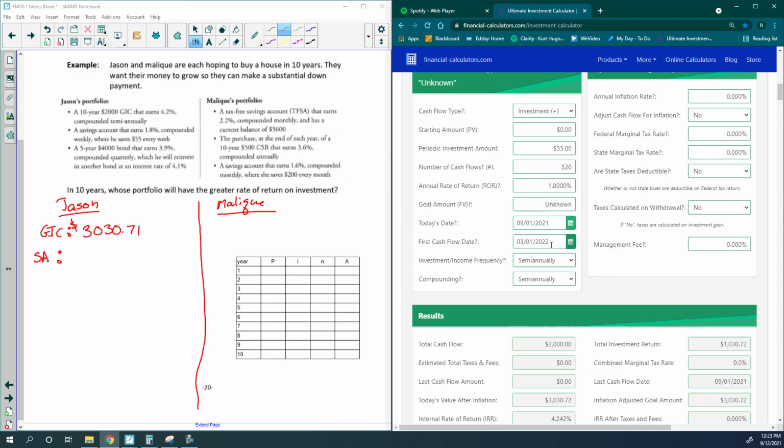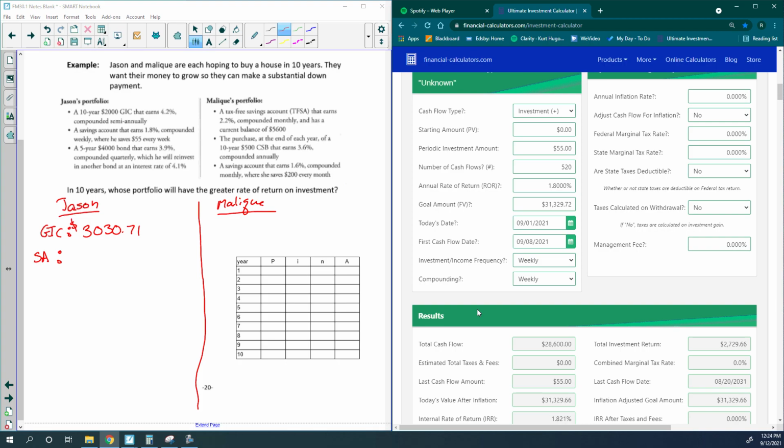And then we need to do a week later. So let's do this one on the calendar. September 1st is the start, and then a week later would be September 8th. We're doing this one weekly, so my drop-down menus need to be weekly. Everything is good, so I calculate.